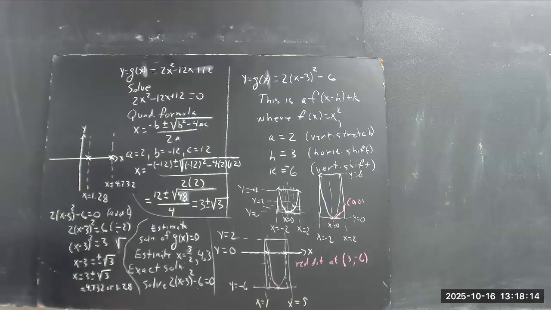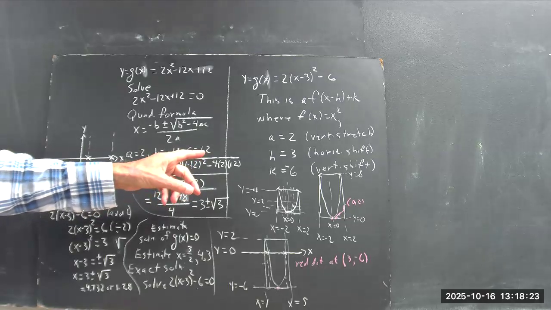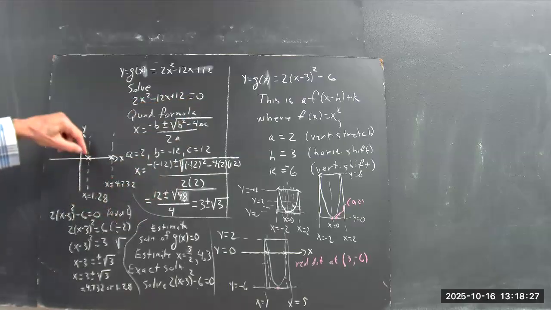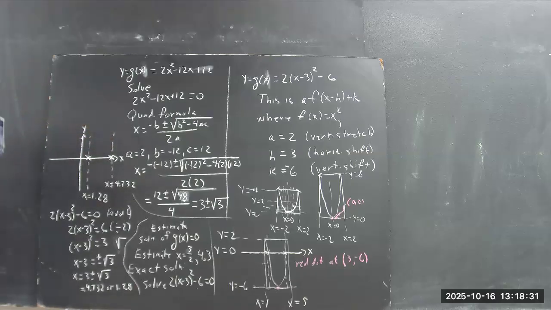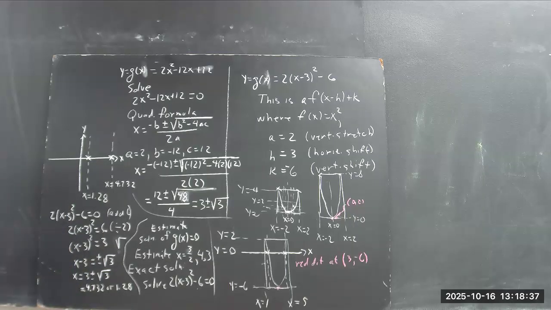So from the quadratic formula, if the graph goes through the x-axis, the quadratic formula will tell you where. Just set the function equal to 0, and you're going to get the points 1.28, 0 and 4.732, 0. Okay, now that's more decimal places than you're going to really need to do a graph.